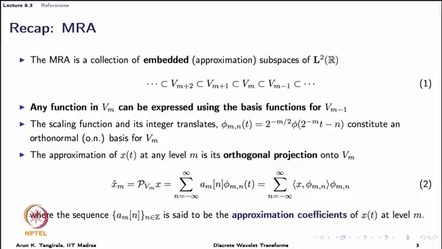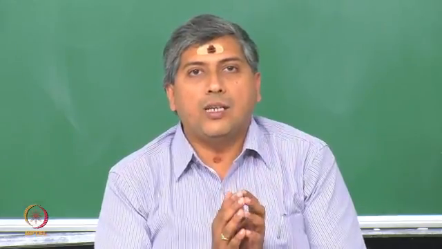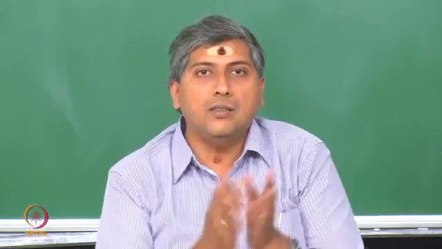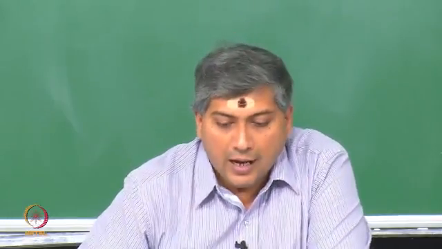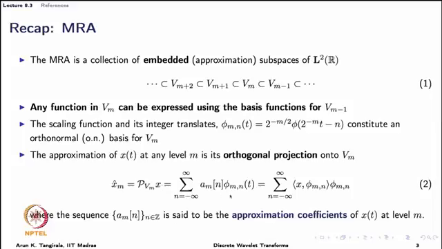Essentially what you are trying to do is re-express your signal x in terms of the basis functions that span Vm, and the coefficients of this expansion of x onto the basis functions that span Vm are denoted as a subscript m n. So, n keeps track of the index, the translation index, and m is keeping track of the scale or level at which you are approximating.